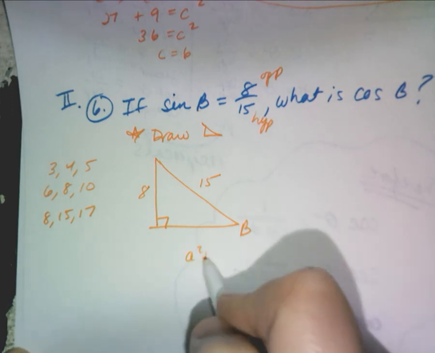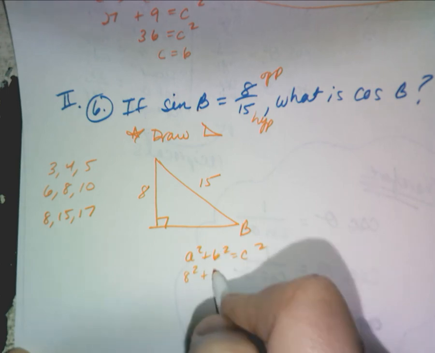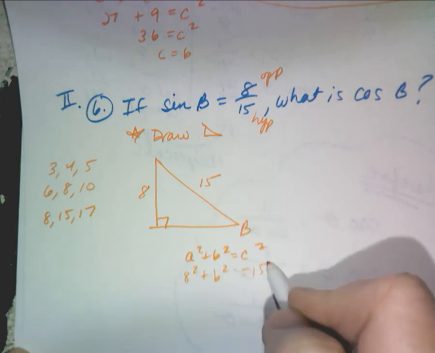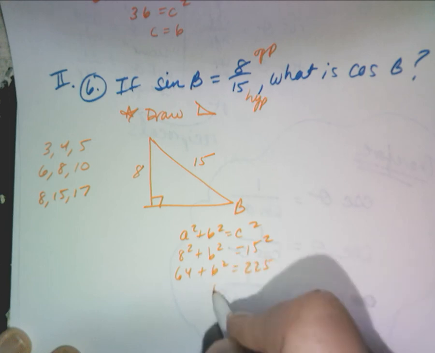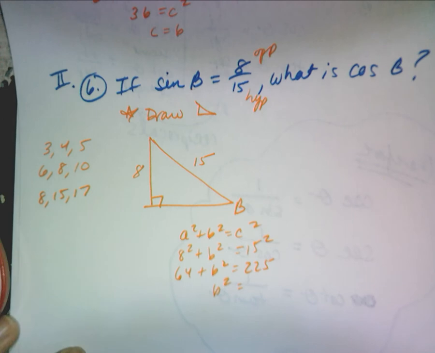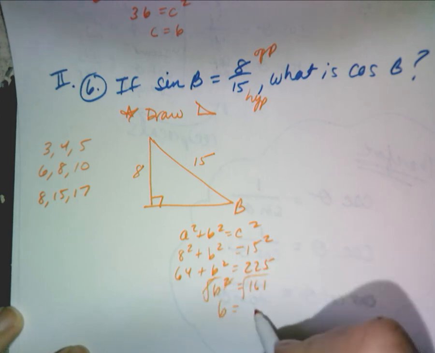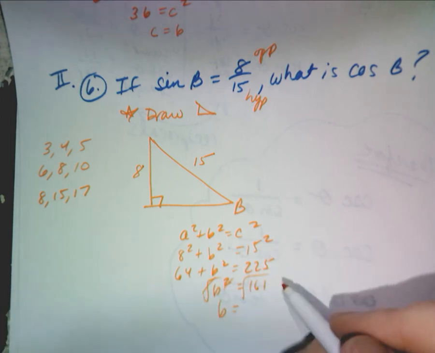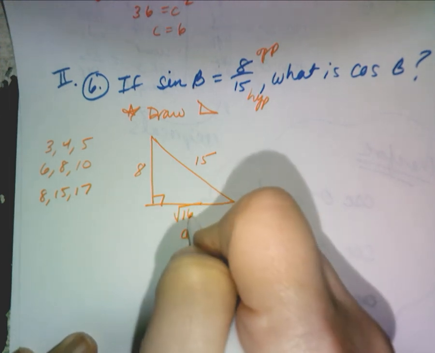So, a squared plus b squared equals c squared. 8 squared plus b squared equals 15 squared. B squared equals 225 minus 64, which is 161. Take a square root. And 161 can't reduce, so just leave this as the square root of 161.